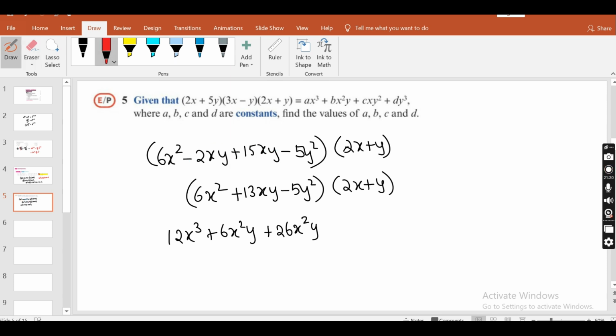When I take this and multiply these two, I'll get 26x squared y plus 13xy squared. And then I take the last term and multiply both. I'll get minus 10xy square minus 5y cubed. Do you understand this step?